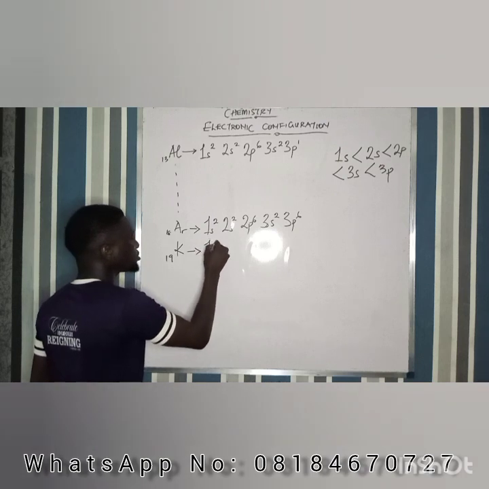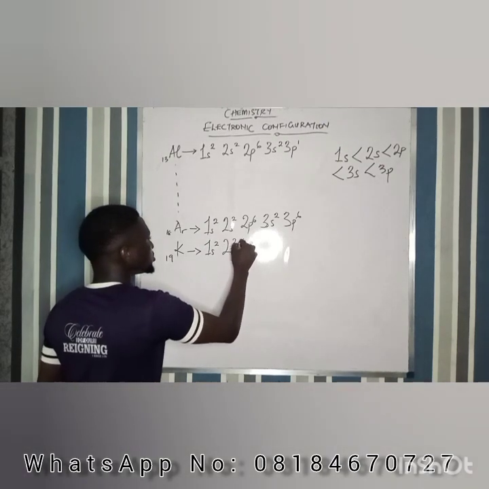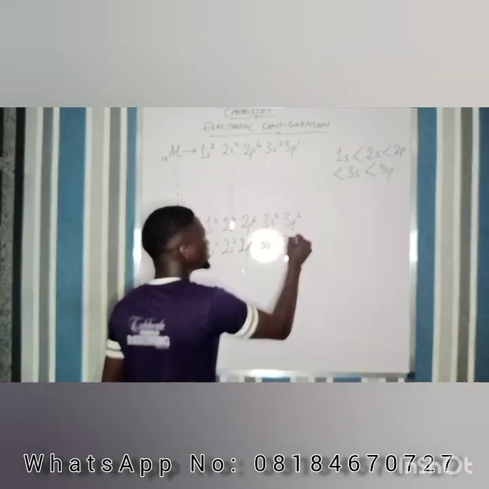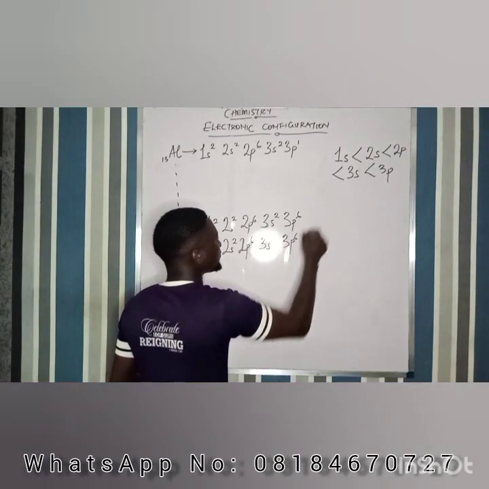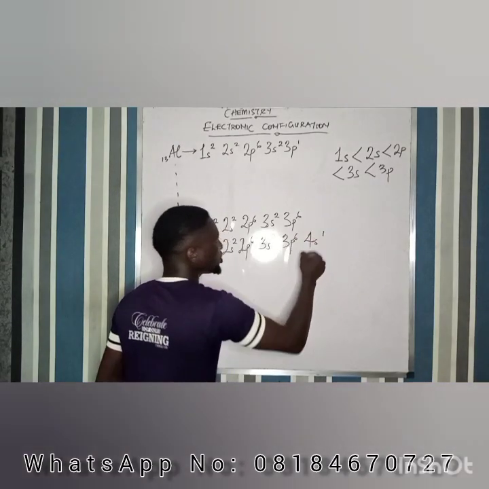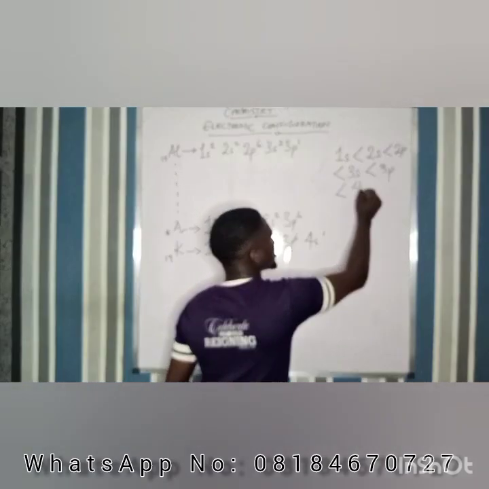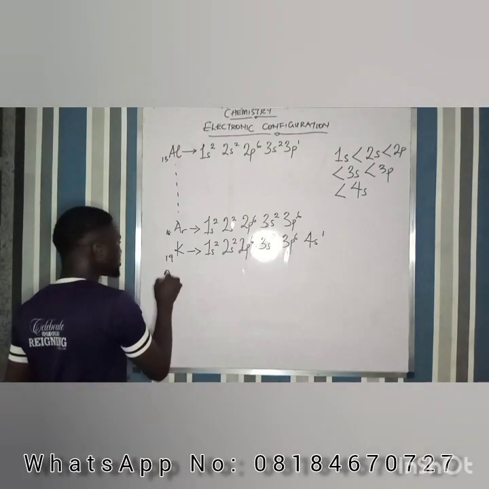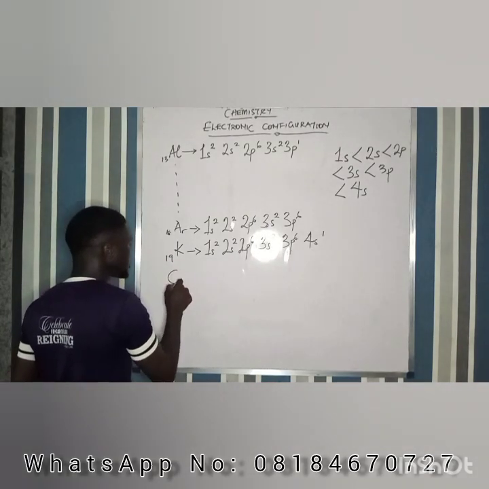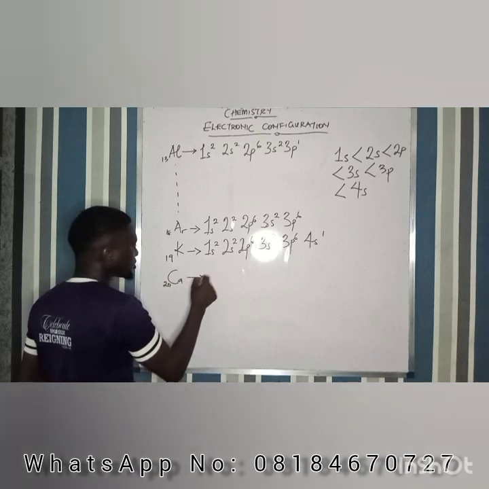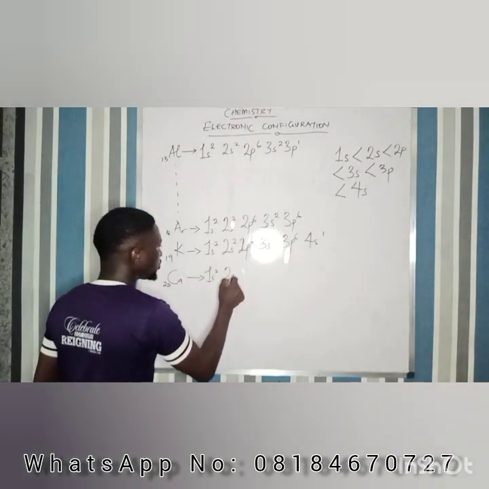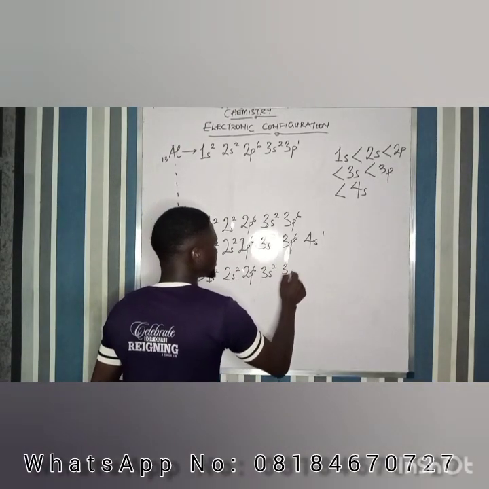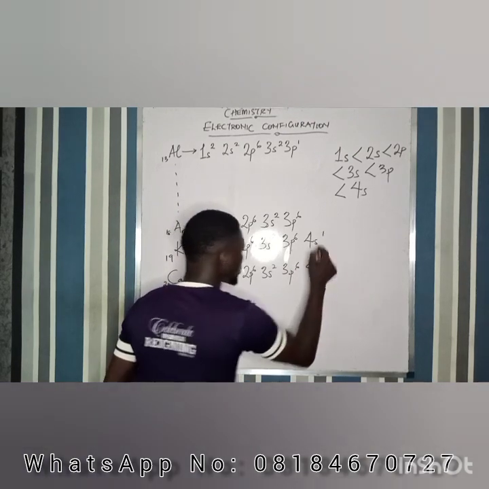That is 1s2, 2s2, 2p6, 3s2, 3p6, and we now have 4s1, which is the next degenerate orbital, the next energy level. The last one, the 20th element, is calcium. That is 1s2, 2s2, 2p6, 3s2, 3p6, and 4s2.